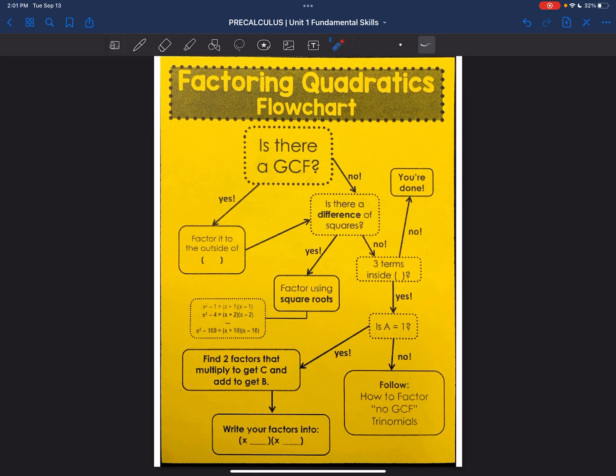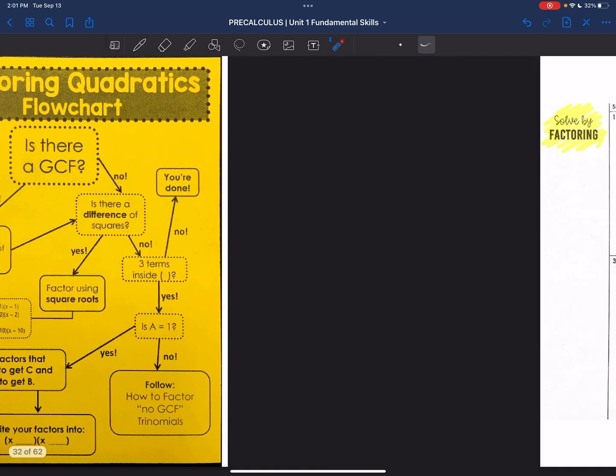Okay, so because there's 3 terms inside, the question is, does our A equal 1?